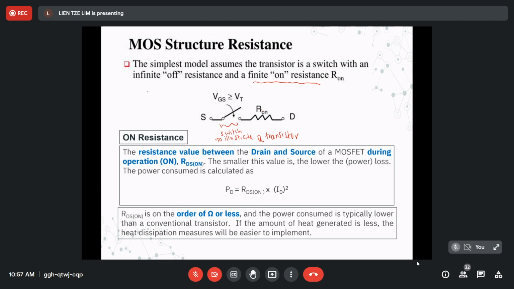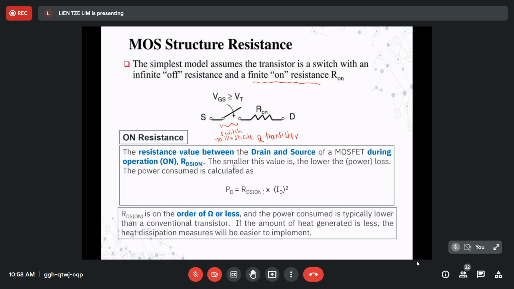We call it an infinite off resistance. So in this slide, I will talk about the on resistance. What is meant by the on resistance here? The definition given here is the resistance value between the drain and source of a MOSFET during operation. It is defined as RDS on. DS is the drain and source.